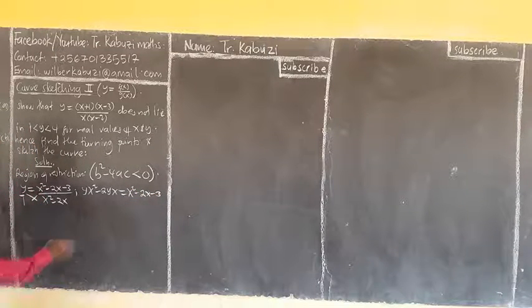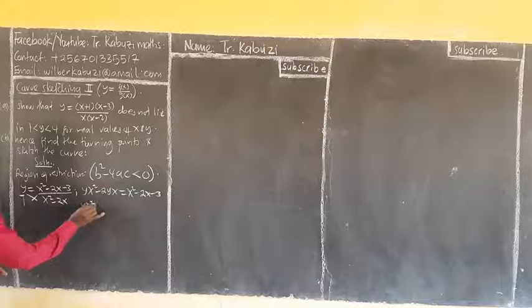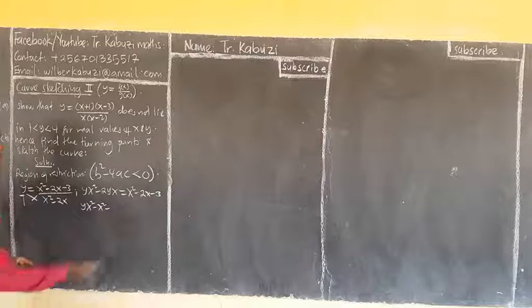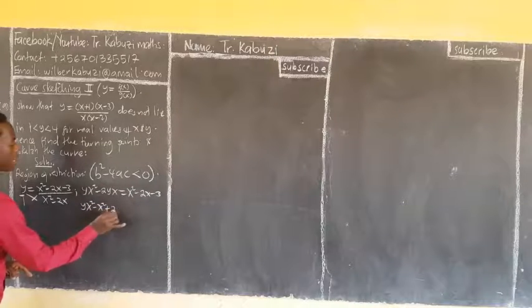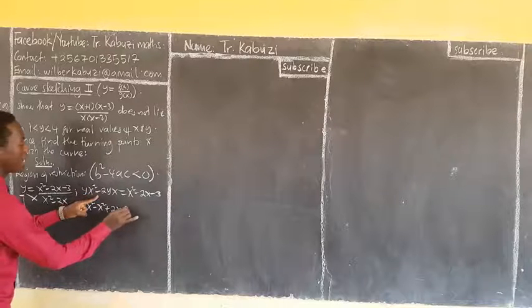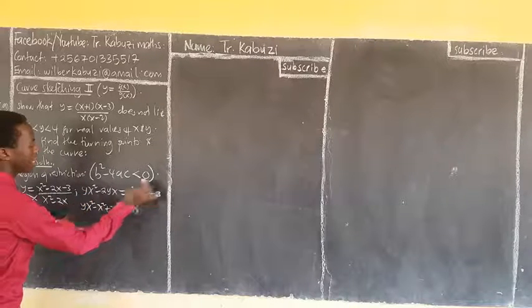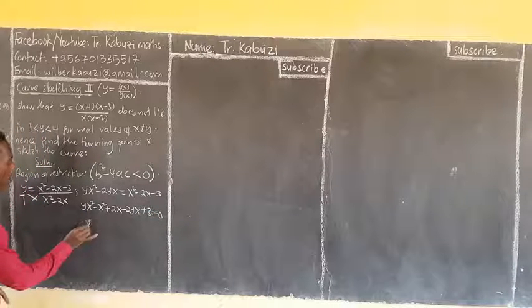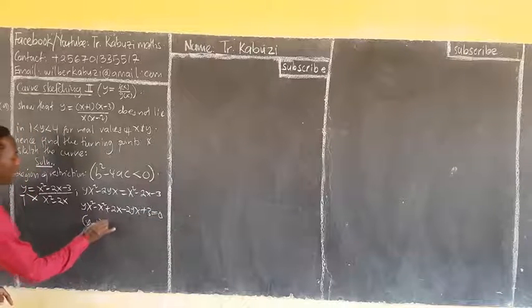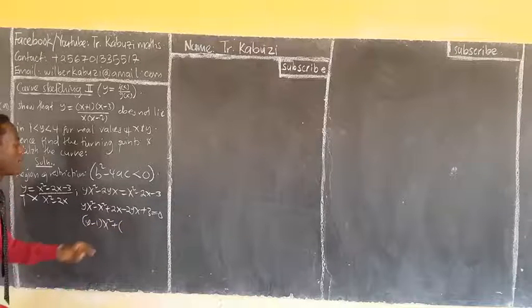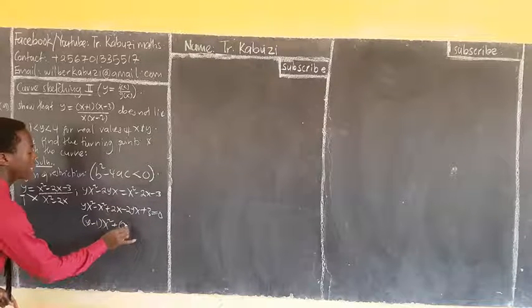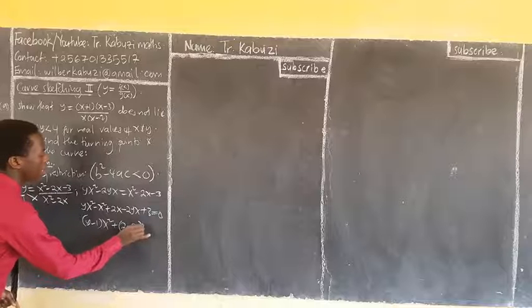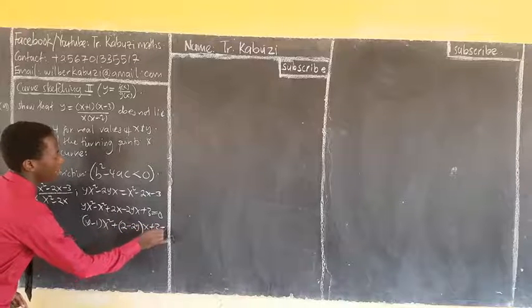I bring everything this side: yx squared minus x squared, then plus 2x, then minus 2yx, then plus 3 equals 0. So this is common: (y minus 1) into x squared, plus, x is common here, so I move it as (2 minus 2y) into x, then plus 3 equals 0.